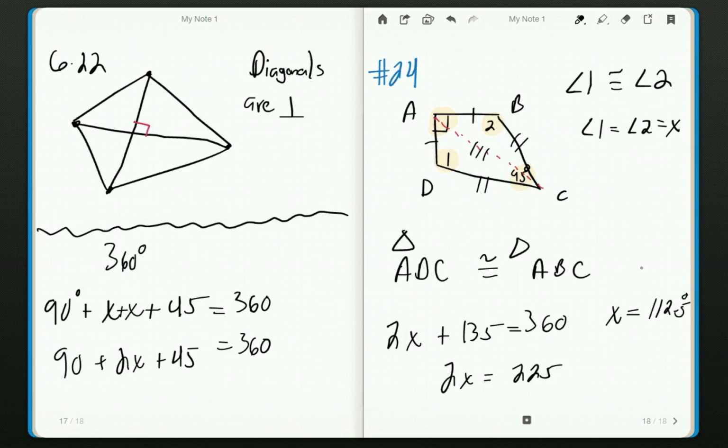You had to use a little bit of your knowledge of triangles, but again, everything builds on one another here, so we have to continue to do that. So combining your like terms, making these equations, and then determining exactly what the value of x is. So now that we know the value of x, we know that angle 1 and angle 2, which is equal to x, is equal to this much. Perfect.